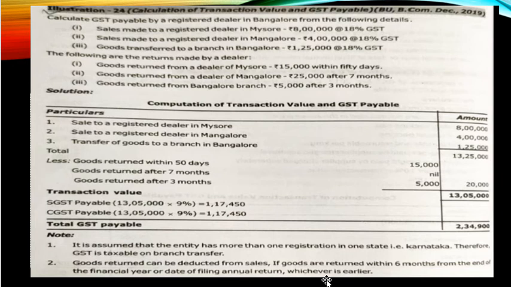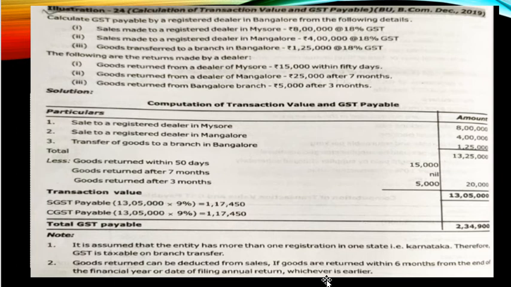So this is a rule which has been fixed. Anything returned should be returned within 6 months from the date of sales, because the date of filing will be done as soon as possible, that is whichever day is earlier. So before the date of filing of that particular GST return, the goods should be returned.